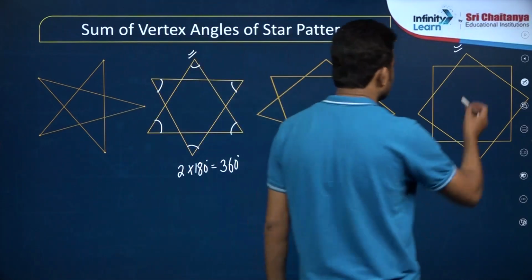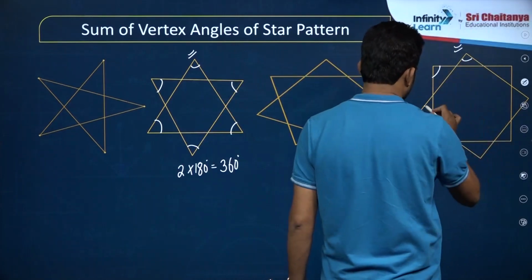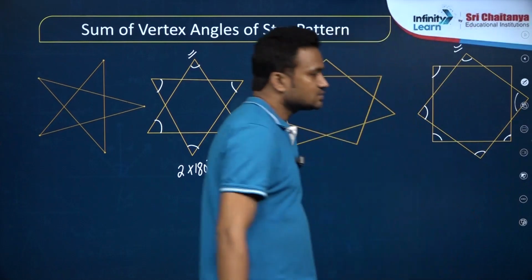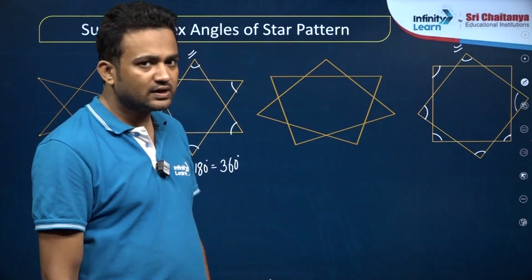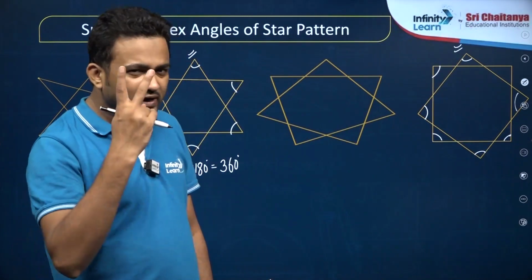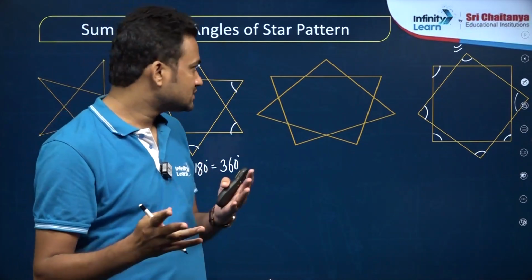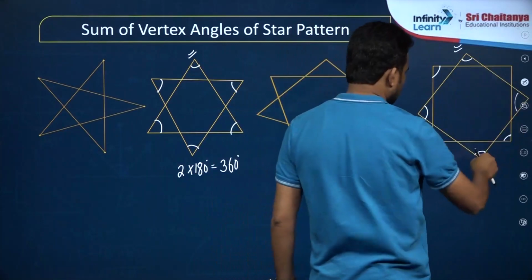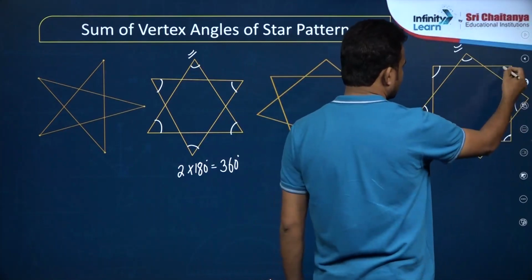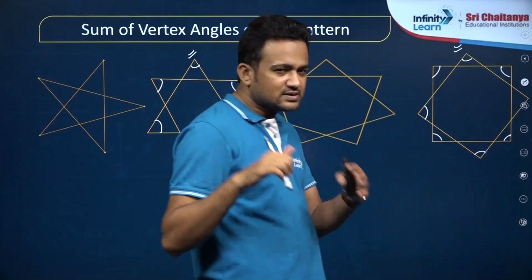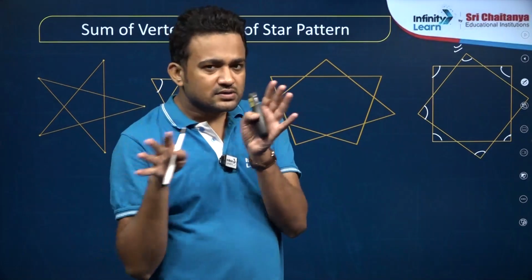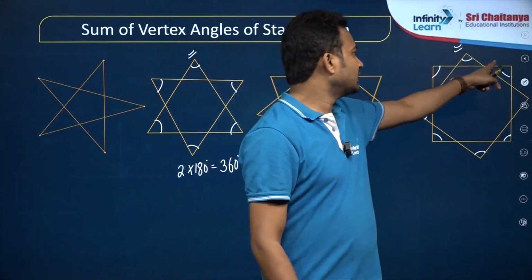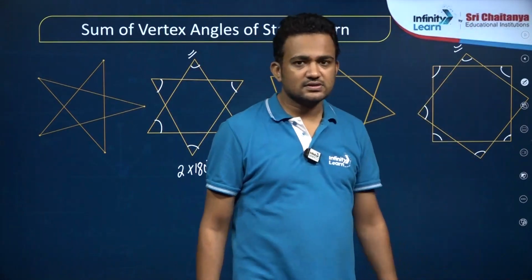What about this guys? What about this? How many vertex are there? 8 vertex. So can you identify two basic polygons? Yes, we have two quadrilaterals. This is the first quadrilateral and this is the second quadrilateral, right? If you add the sum of interior angle of two quadrilaterals, then we will get the sum of vertex angle of all these 8 vertices.